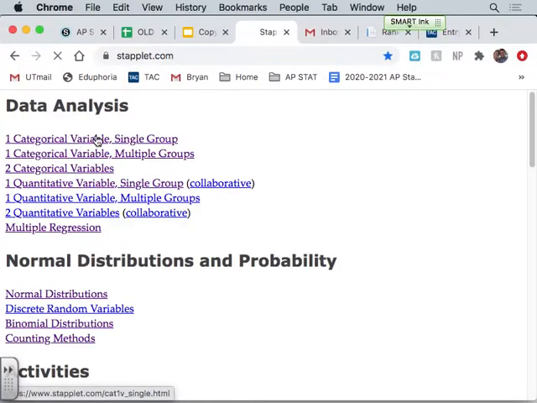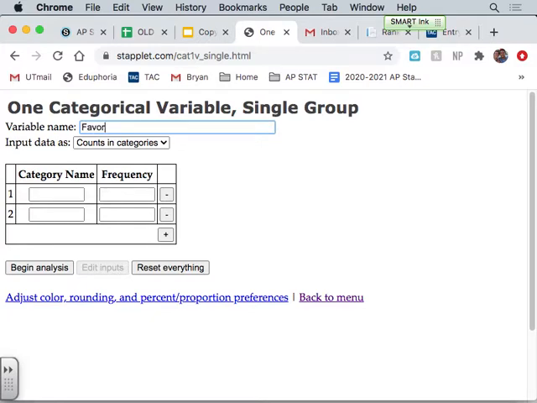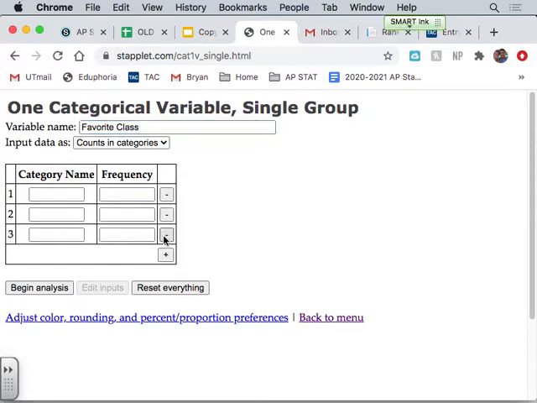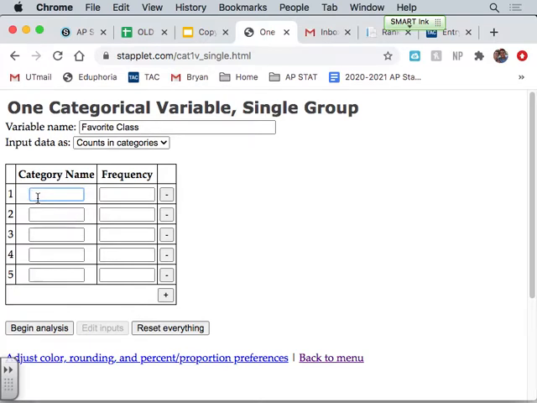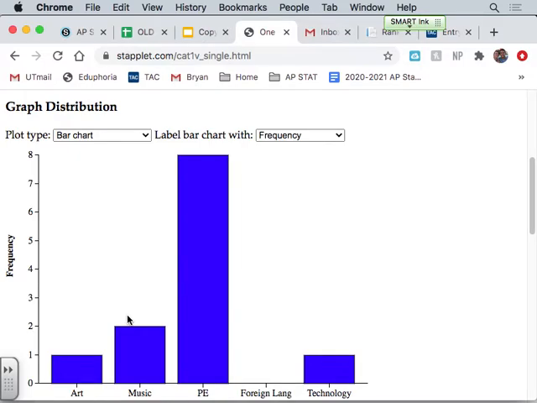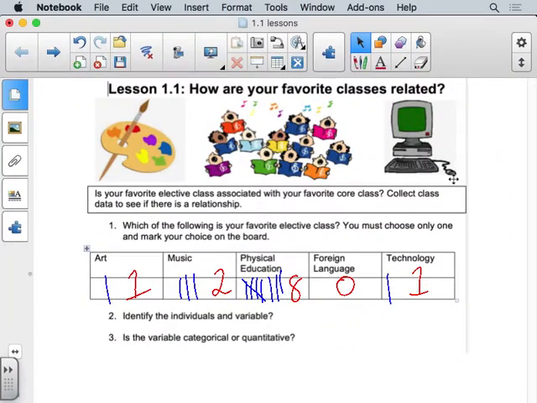It's like the, so one is like this? I went to that Staplet website.